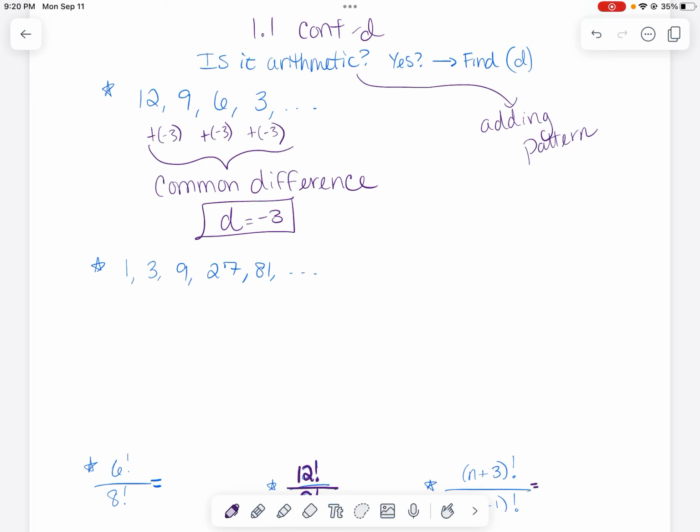The second sequence is 1, 3, 9, 27, and 81. Right now, I am looking at the pattern, and I can't figure out if I'm adding the same value every time, but I do notice that to get from 1 to 3, I multiplied by 3. 3 to 9, I multiplied by 3, 9 to 27. So that's actually a pattern of multiplication, which makes this a geometric sequence, not an arithmetic sequence.